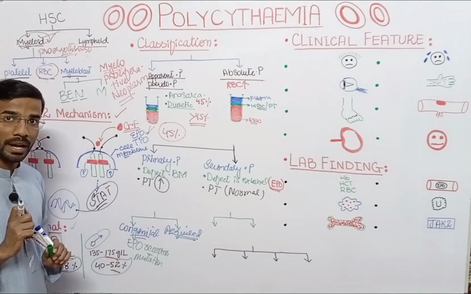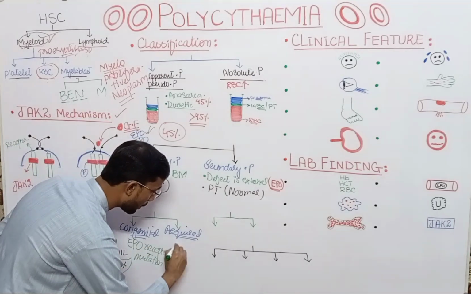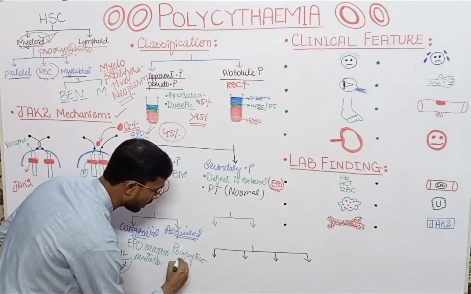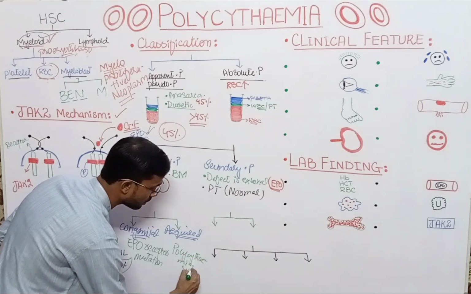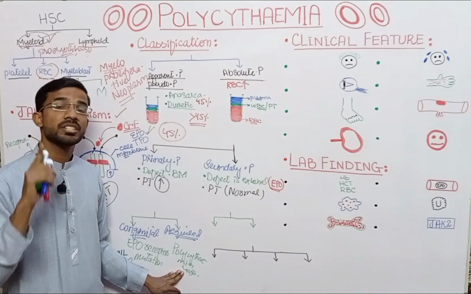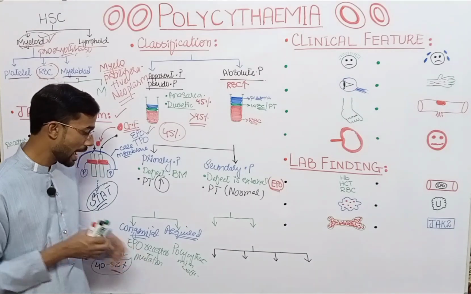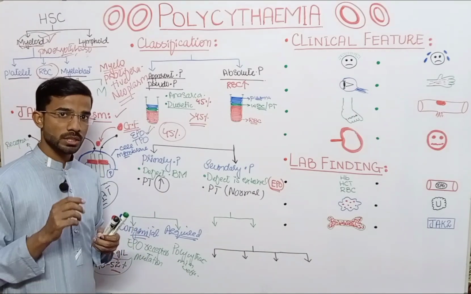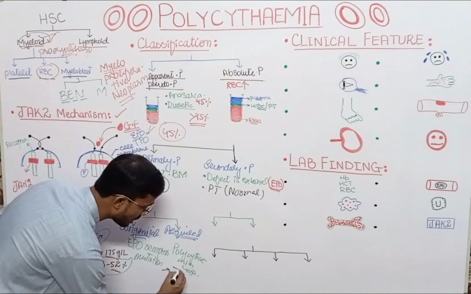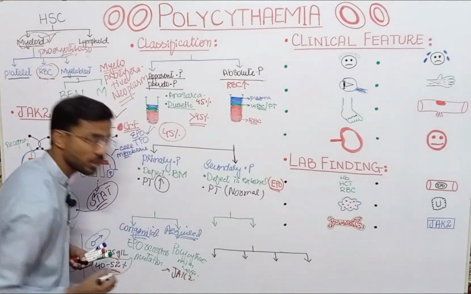If we talk about the acquired form of polycythemia vera, you will see the JAK2 mutation.